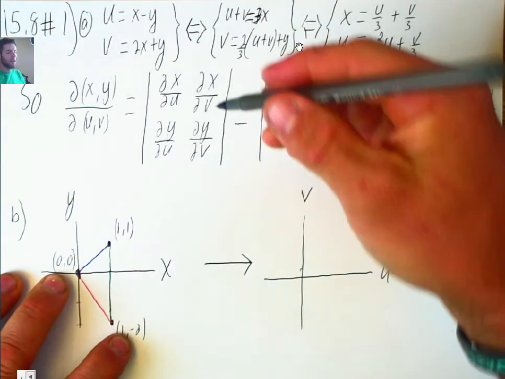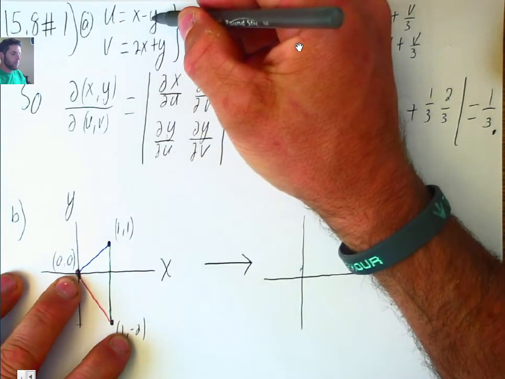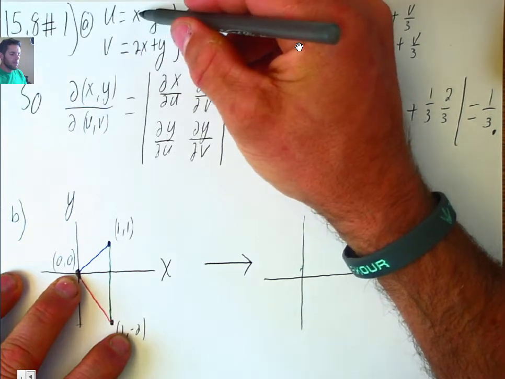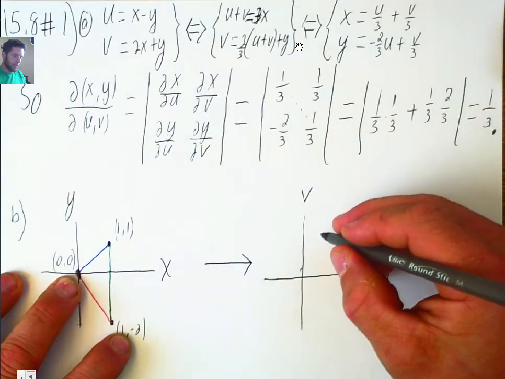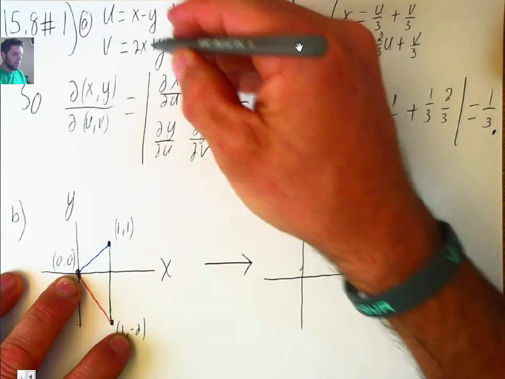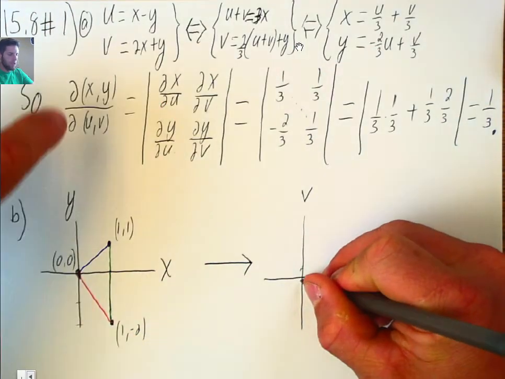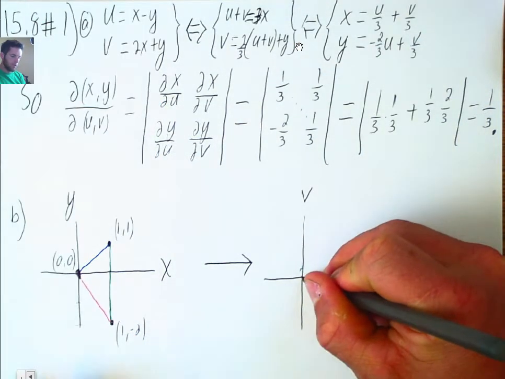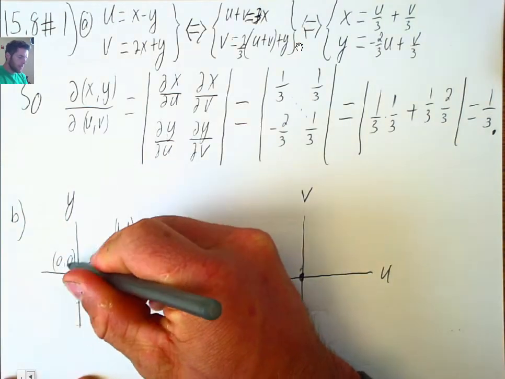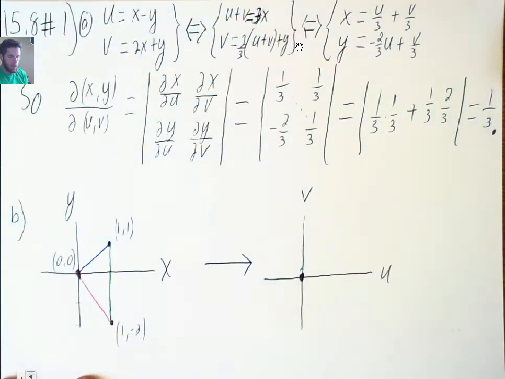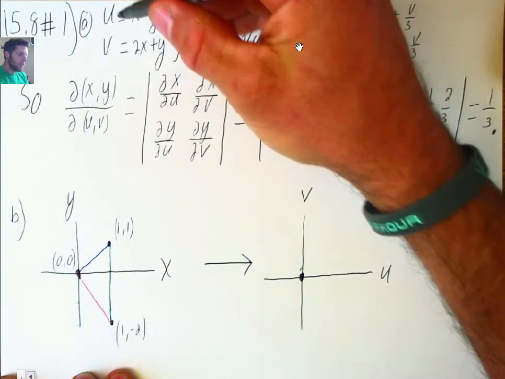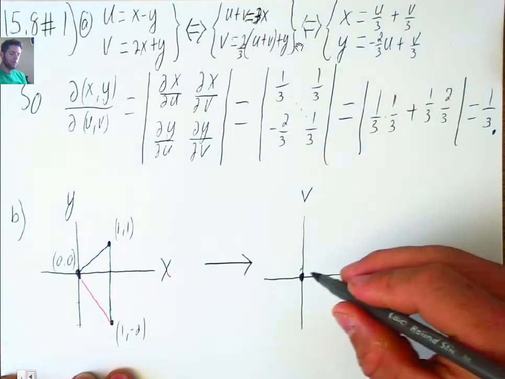0, 0. If x and y are both 0, then u is 0 minus 0, so u is 0. And v is 2 times 0 plus 0. That's also 0, 0. So this point gets taken to that point. All right. How about 1, 1? U then would be 1 minus 1, so u is 0.